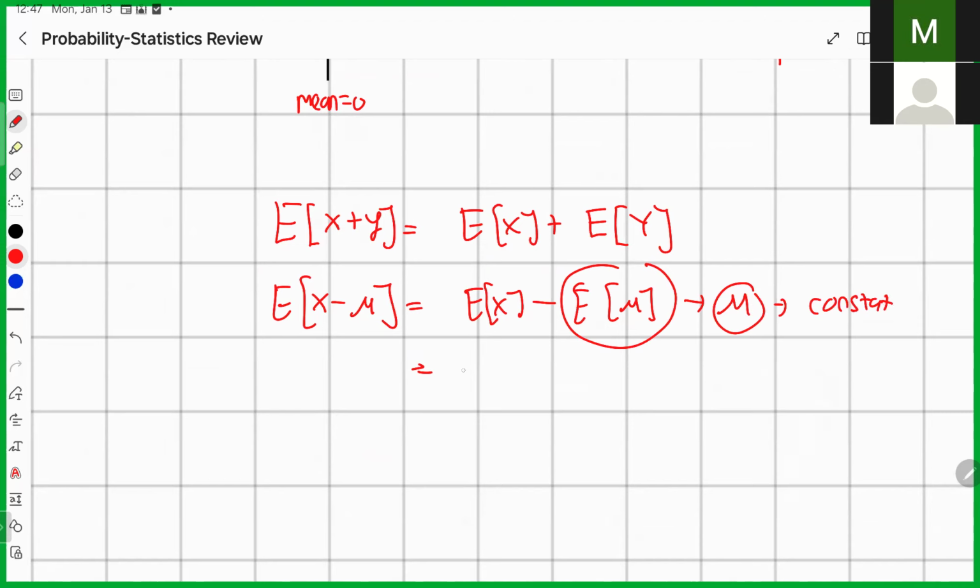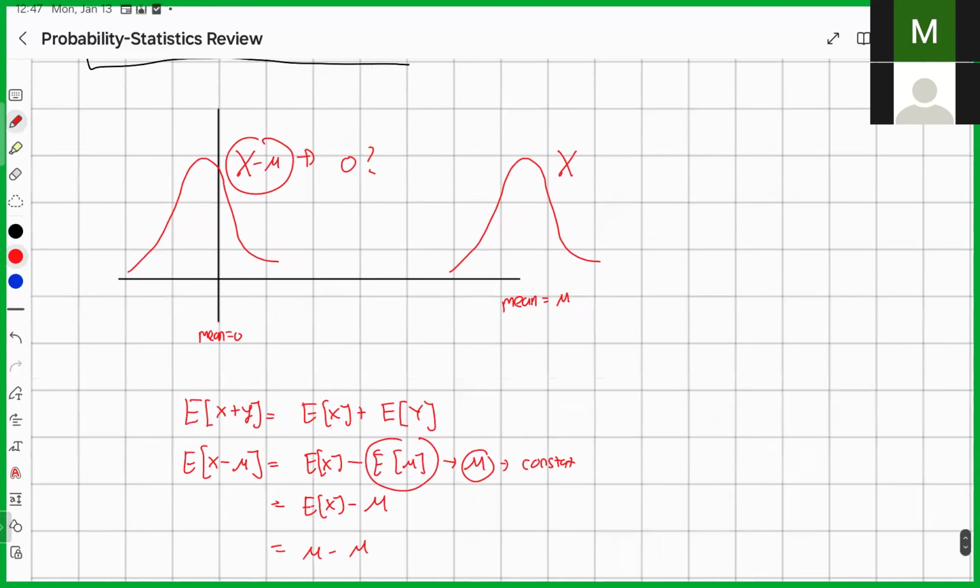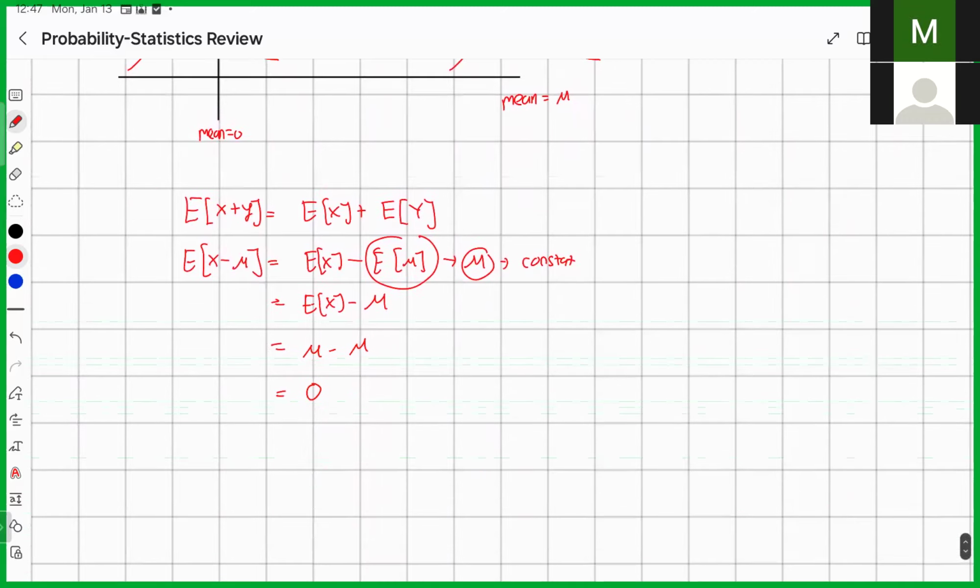And then we have x equals mean, and the expected value of x is also the mean, so we have equals 0 here. That's proof that our data is correct when we have this equals 0.